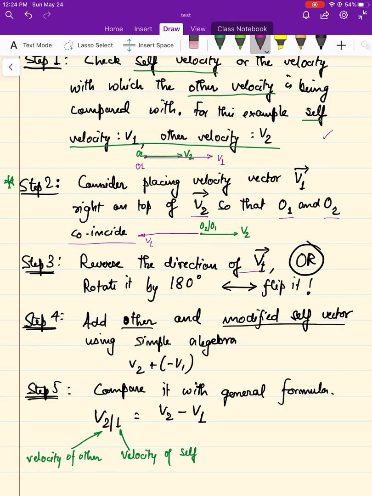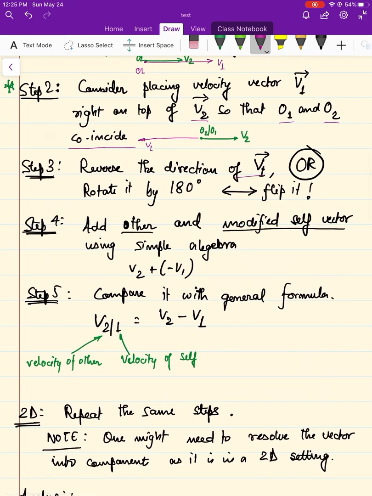Just flip the vector in the other direction and keep O2 fixed. Don't move O2 because you are interested in figuring out the relative velocity of O2 with respect to u. When I say with respect to u, it means that v2 is subtracted. You subtract v1 essentially with respect to v2, right? And after that, this is essentially algebraic addition.